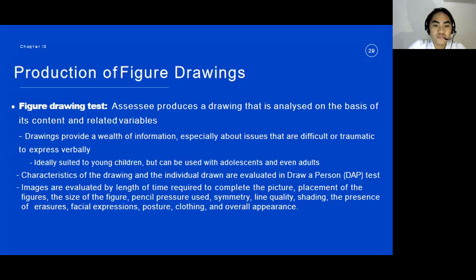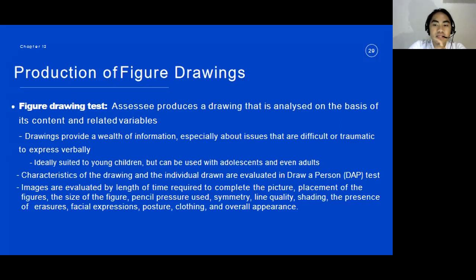The images are evaluated, and we evaluate characteristics of the drawing and then infer something about their personality. We evaluate the length of time required to complete the picture. So are they a perfectionist? Will they take 20 minutes on the drawing, or is it just a quick scrawl?